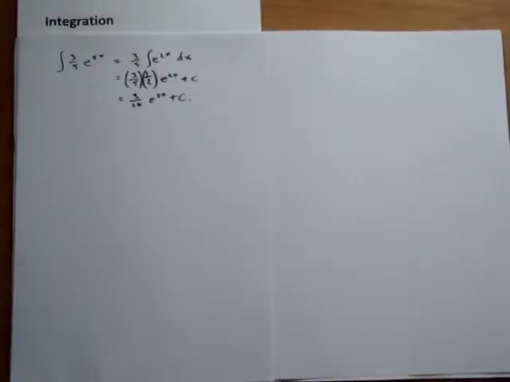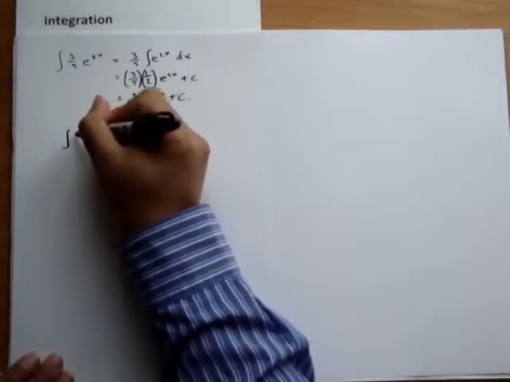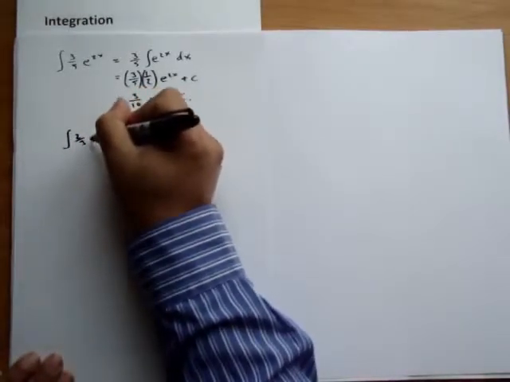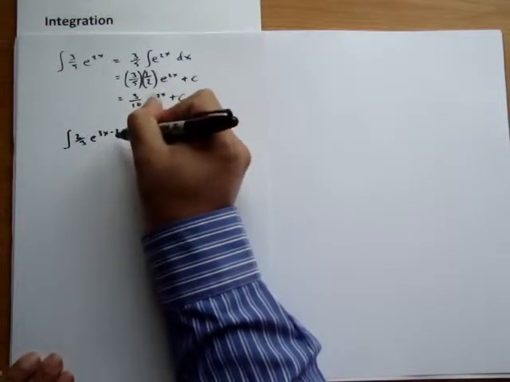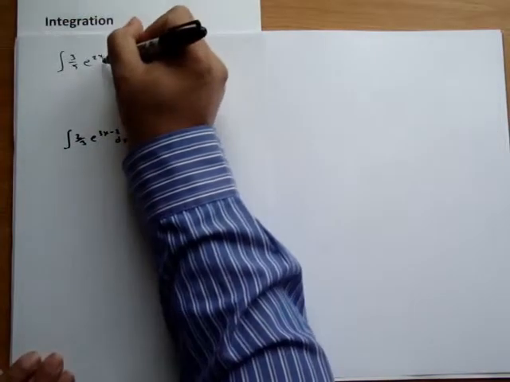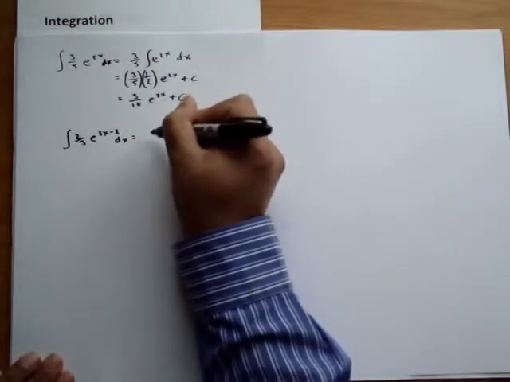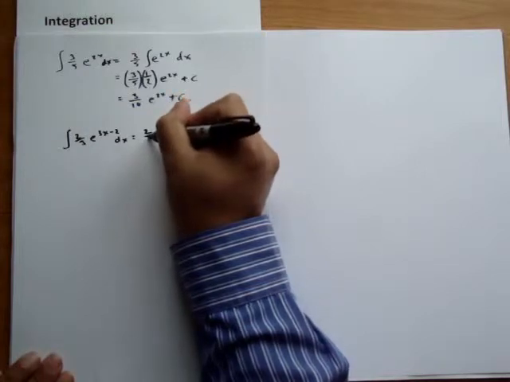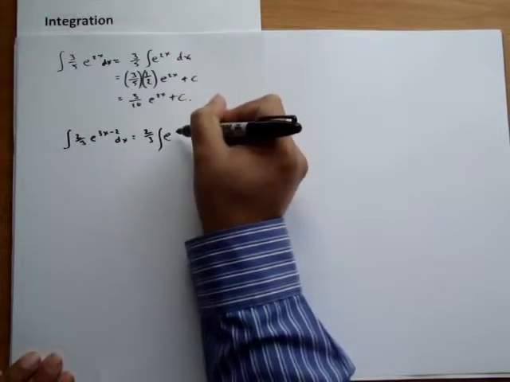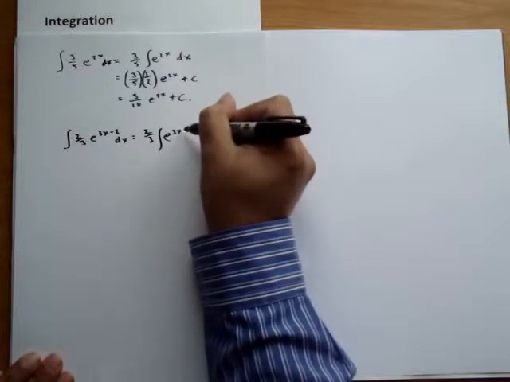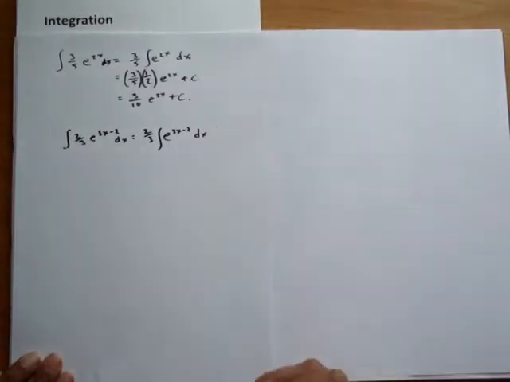Another example. If we have 2 over 3 e to the 3x minus 2 dx, bring the constant to the front, integrate e to the 3x minus 2 dx.